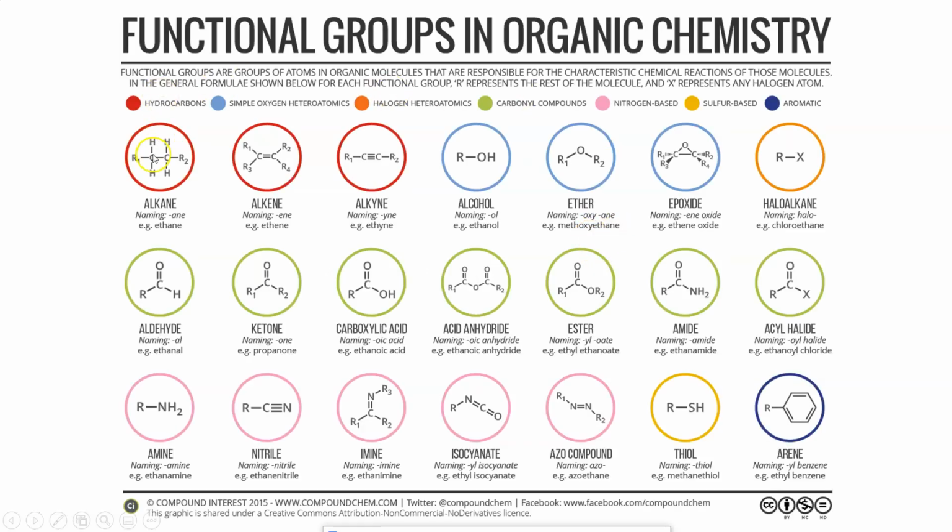Now, we said that organic compounds are formed by carbon, hydrogen, and some other elements. Now, we can group the different molecules according to the elements contained in that molecule and the way they are arranged. So for example, if we only have carbons and hydrogens, all these molecules are going to form part of a family named alkanes, right?